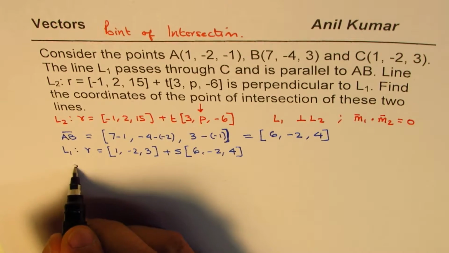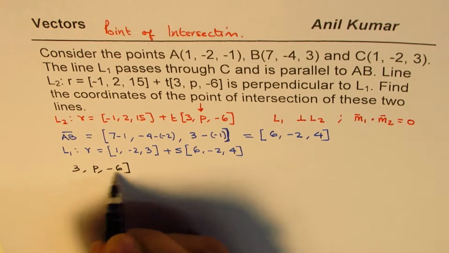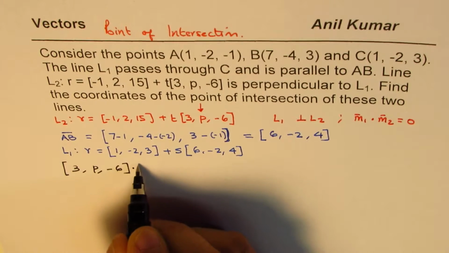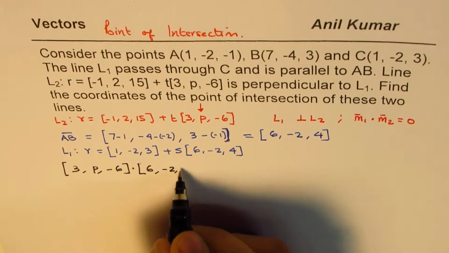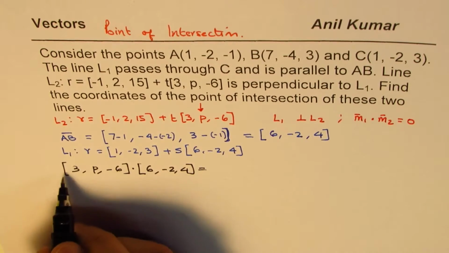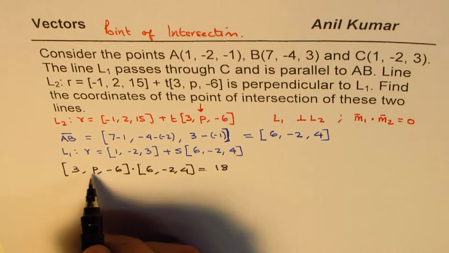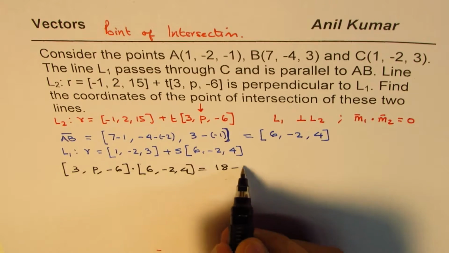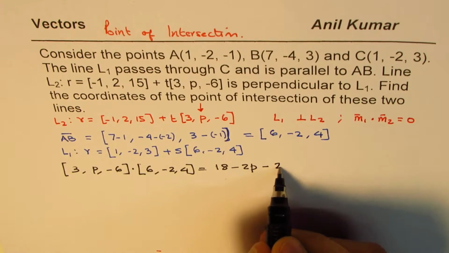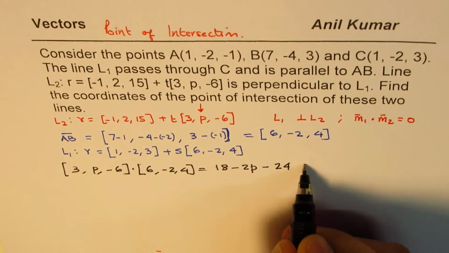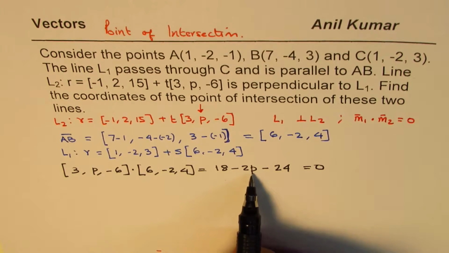Let's rewrite this first: (3, p, -6). It's a scalar quantity, and the order does not really matter here. (6, -2, 4), correct? So let's multiply. 6 times 3 is 18, dot product I should say, minus 2p and minus 24. That should be equal to 0. That's the whole idea. It helps us to find the value of p.